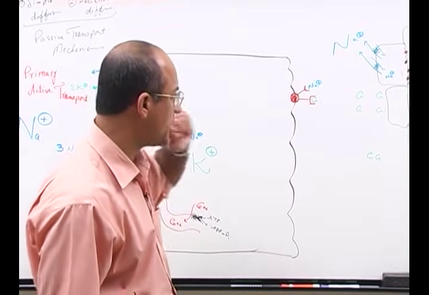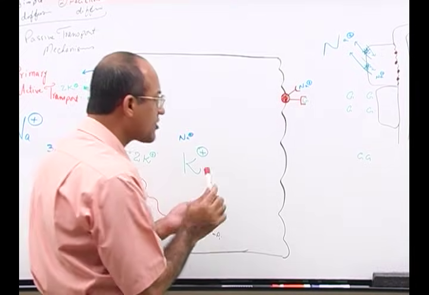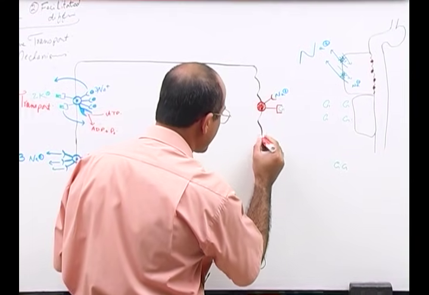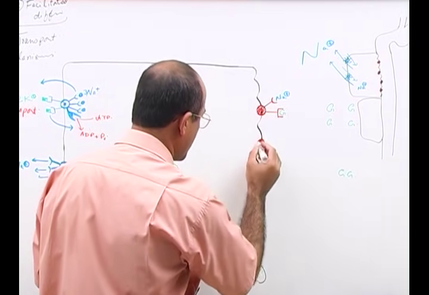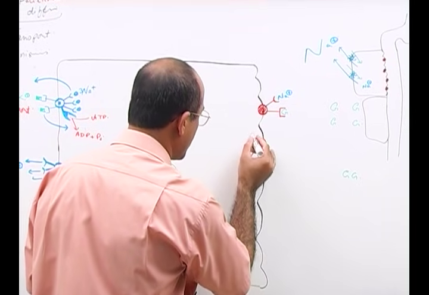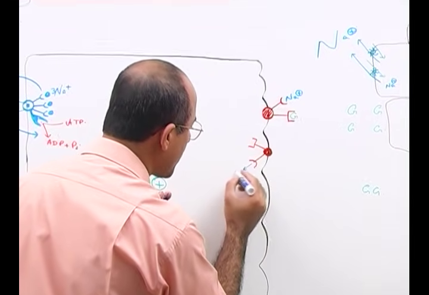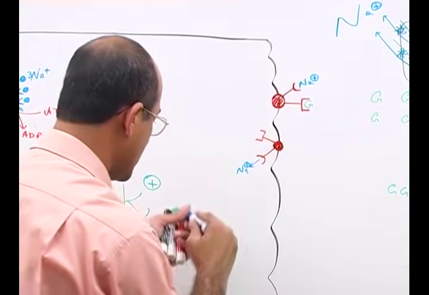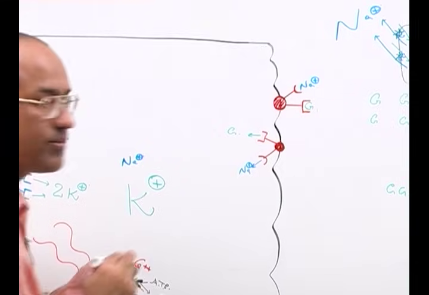If both of them are loaded, this protein will flip inside, right? Its next configuration will be like this. So sodium will be released in, as well as glucose will be also released inside.